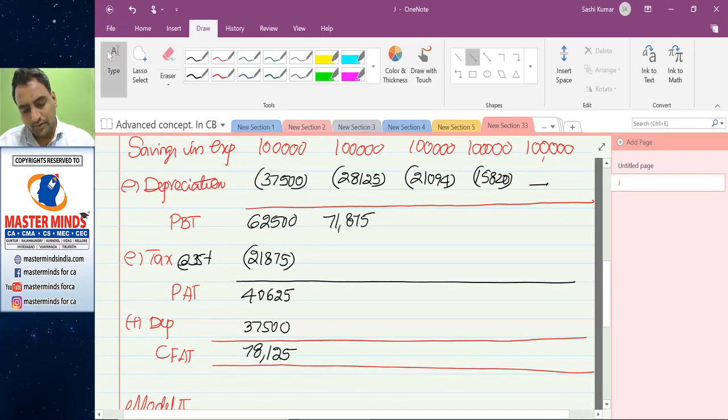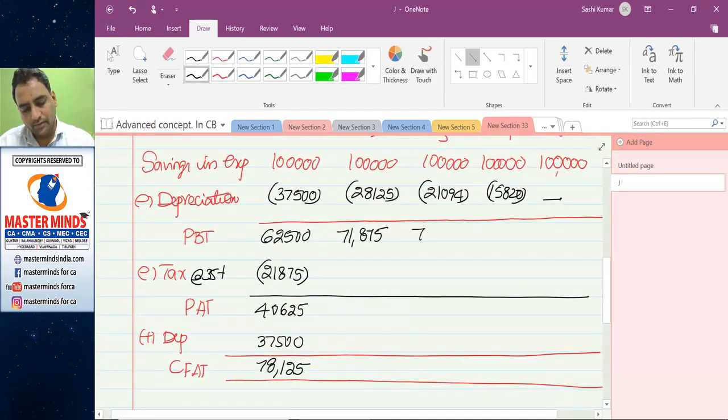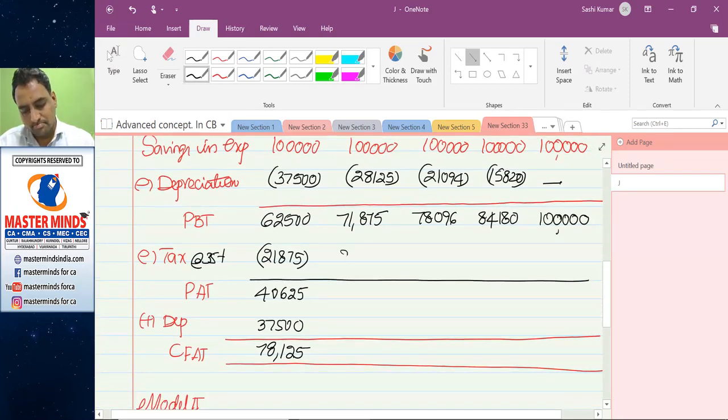This one 78,096. 84,180. 1 lakh. 25,156. 27,617. 29,463. 35,000.